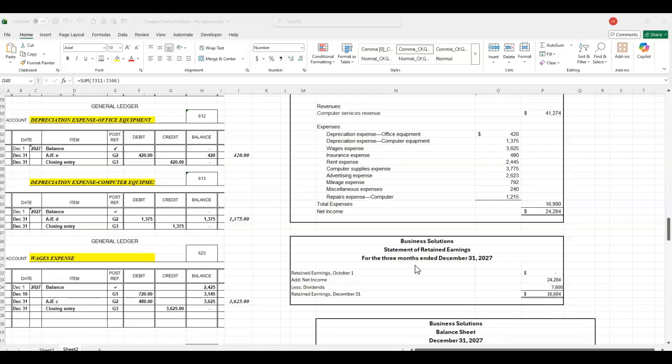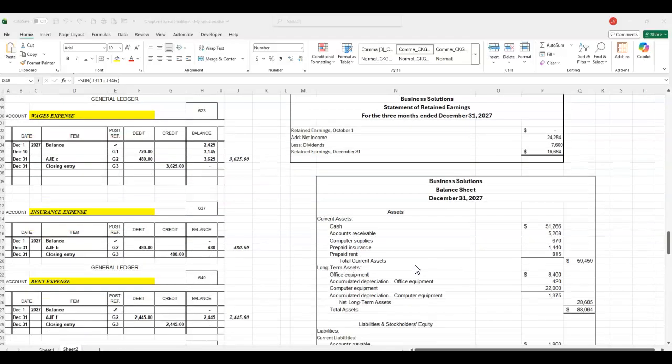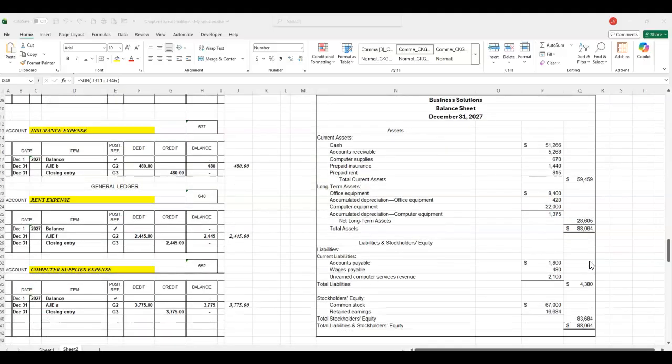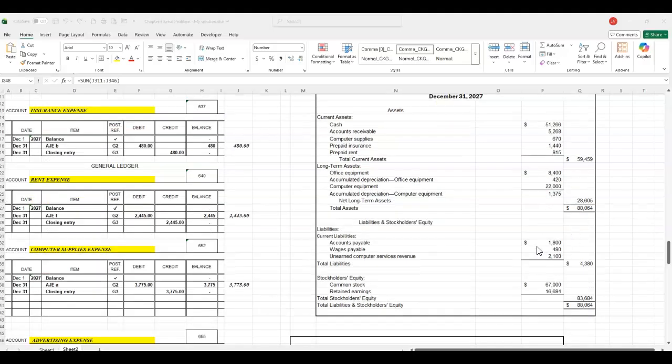And then we just start up with equity, liabilities, and assets. Here's my current assets, my long-term assets, total liabilities, and they're all current liabilities in this case, no long-term liabilities. Then our equity, common stock, and retained earnings.